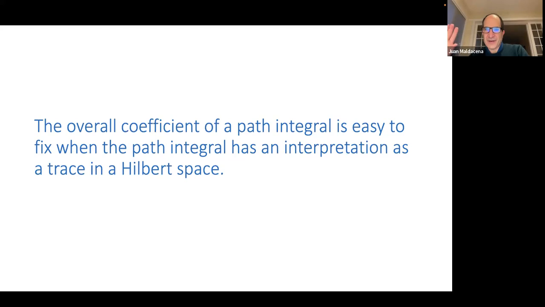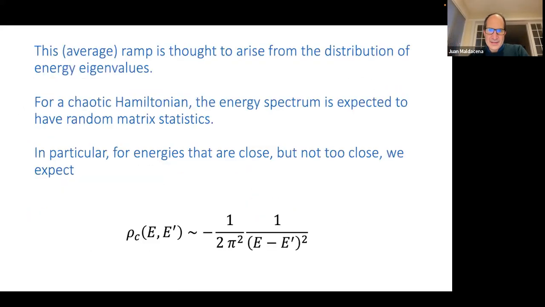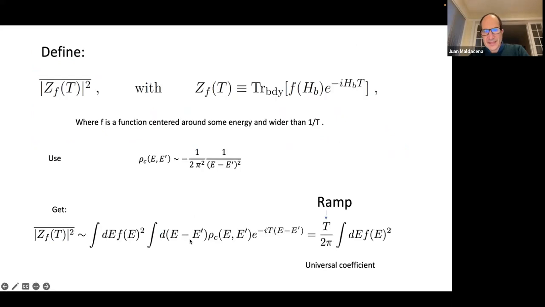When we had that integral, you can see from the form of the integral that for a particular value of t, there will be some particular value of the energy difference that will make most of the contribution. And as long as this t is not exponentially large in the entropy of the system, the typical E minus E prime that contributes will be relatively large compared to the typical energy spacing.